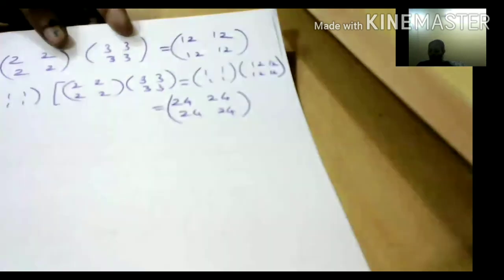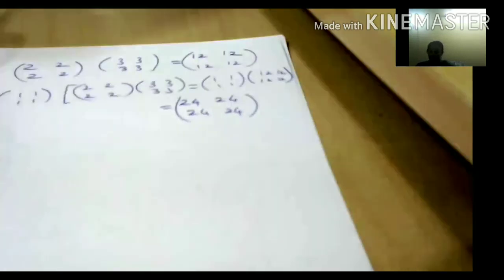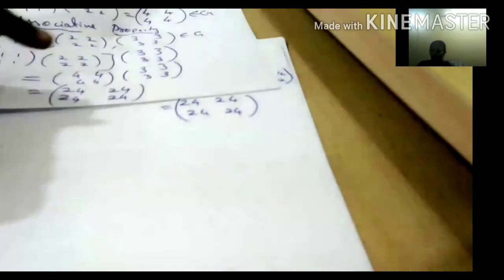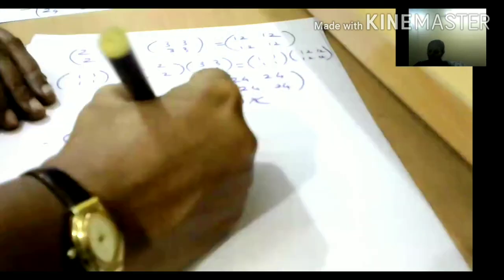This belongs to capital G. On the left side you found 24, 24, 24, 24, and on the right side you got the same answer. Therefore, you can conclude that (A into B) into C is equal to A into (B into C). So, G is associative.